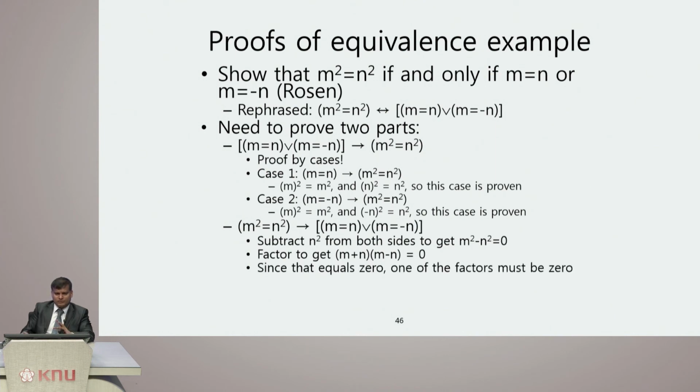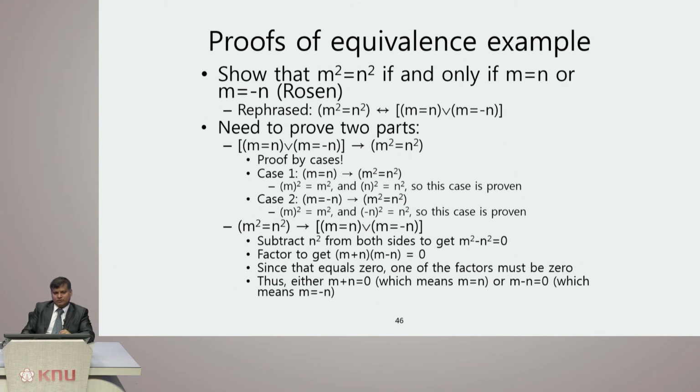Since that equals 0, one of the factors must be 0. So either m plus n equals 0 or m minus n equals 0.